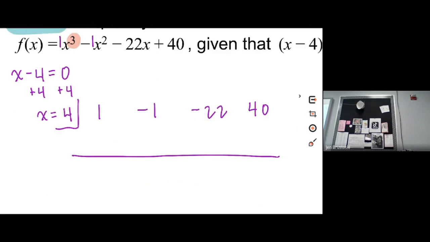Oh, I'm sorry. You're only multiplying by 4. So raise that there. You're only multiplying by the 4.